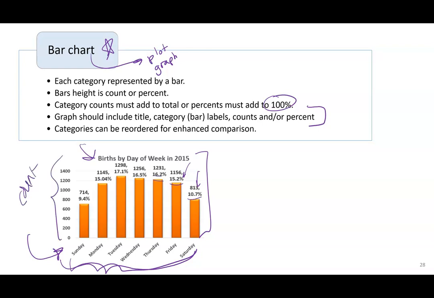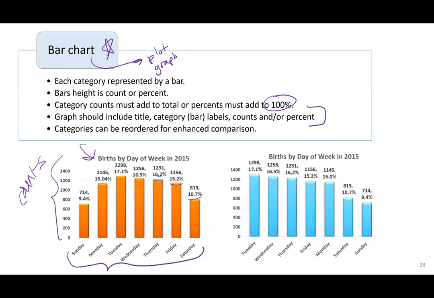So the thing that's cool about bar charts is with these categories, I can have them in this order, but I could also change the order. So here, this is the same frequency table data, except now I've reordered it so the highest count is first, then the second highest, all the way to the smallest.